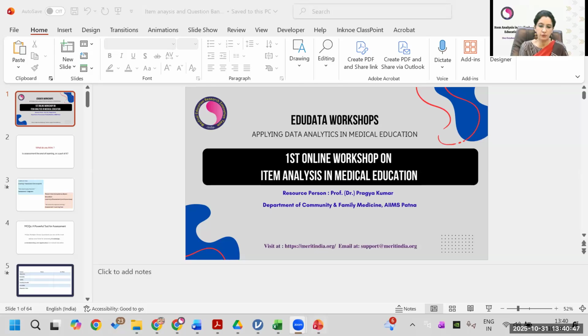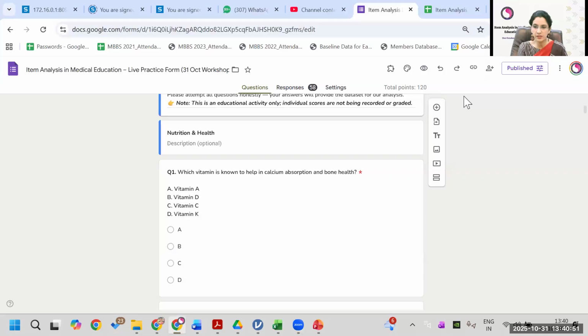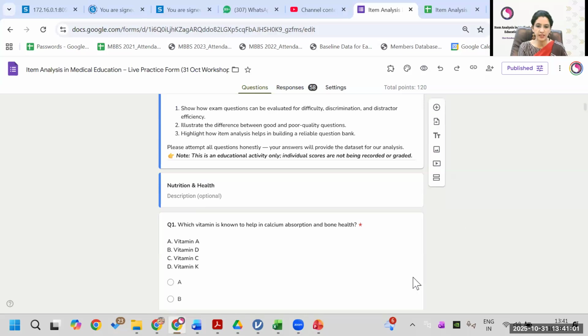So we have given you one question, the Google form, and this was the form which we have shared. So you can see how we have drafted the question. I am not asking you to pay attention towards the distractor or towards the correct key.